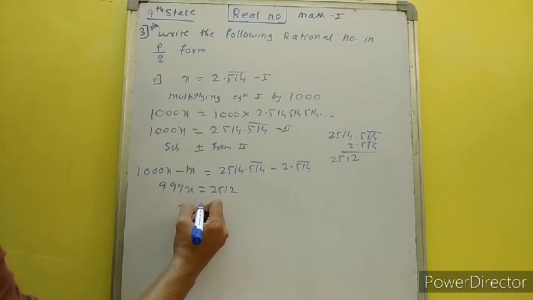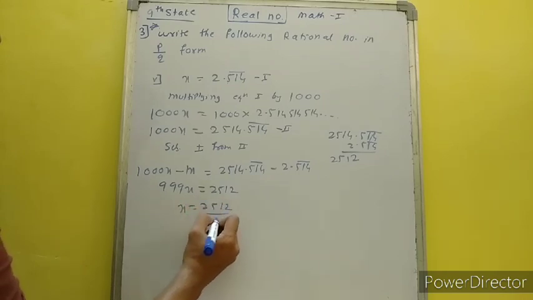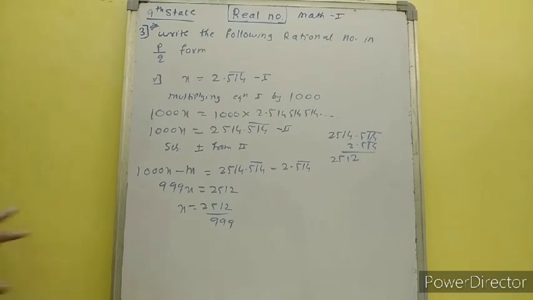So the value of x is 2512 upon 999. This is the solution for the fifth question of exercise 2.1.